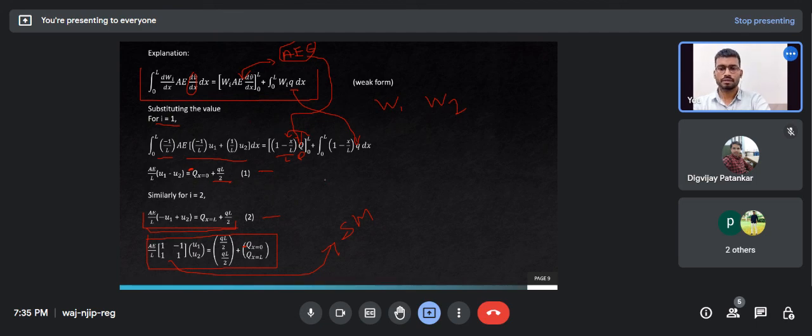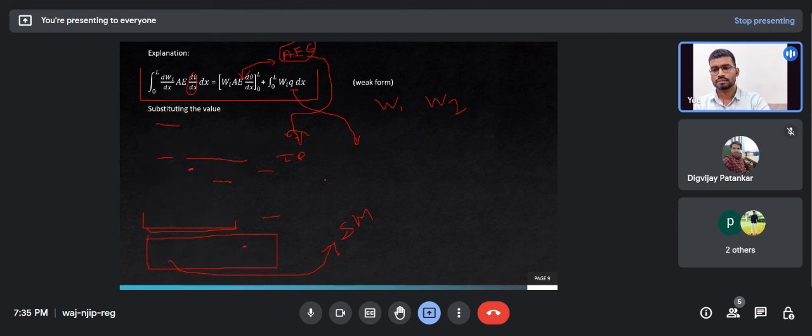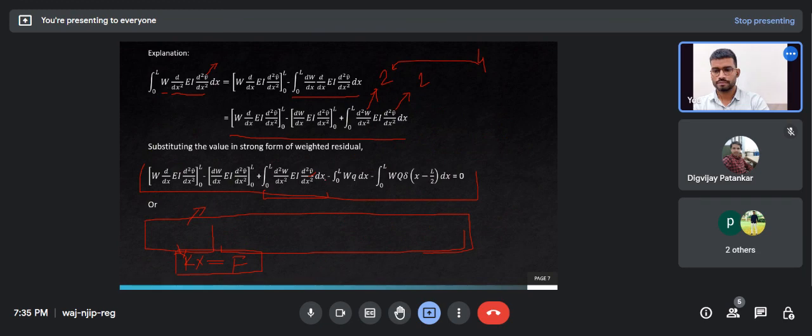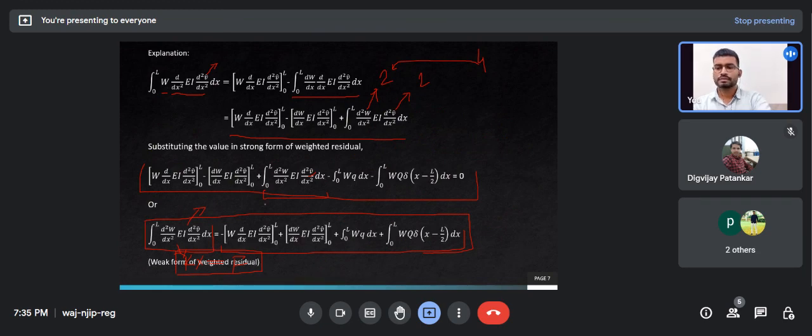Here I have taken the bar for the ease of calculations. In the same fashion, you can put the stiffness matrix for this beam problem also. Here, once you substitute the trial functions in this way, and evaluate in the same fashion as we have done for the bar, this will give you the stiffness matrix.